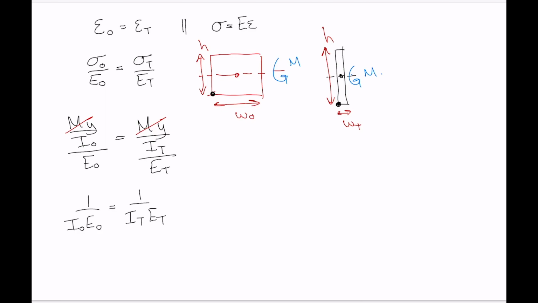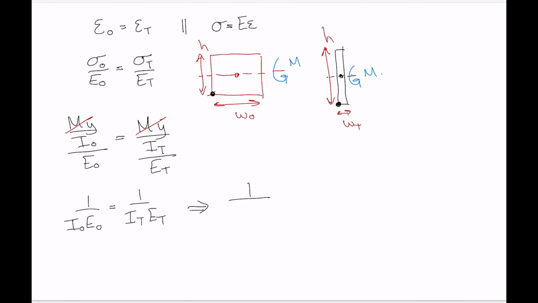So now, considering that these are both rectangles, we can substitute in the equation for the moment of inertia of each of those two shapes.